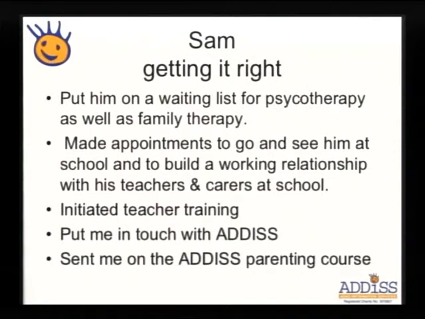They were put on a waiting list for psychotherapy. They received family therapy. The doctor went into school to talk to teachers and the people in school to understand what was happening in school. The doctor actually initiated teacher training in school. She put the parent in touch with us, and she came on our parenting course. So this child was approached from all directions.